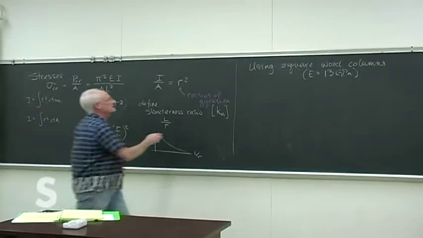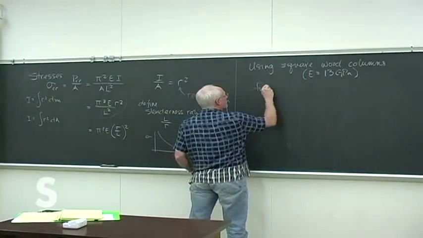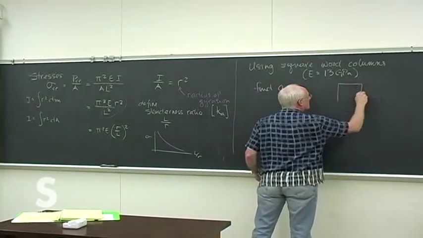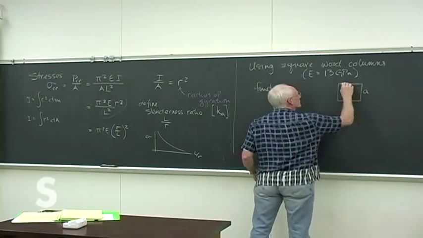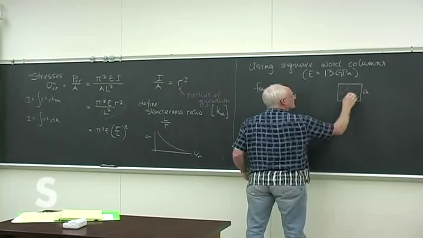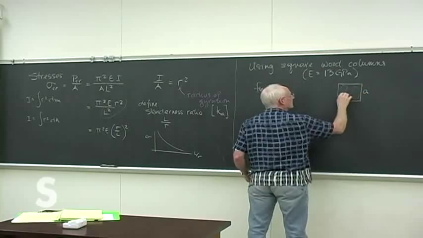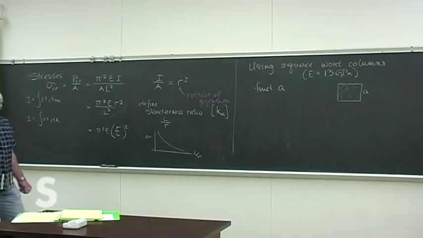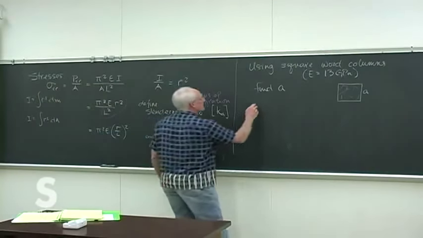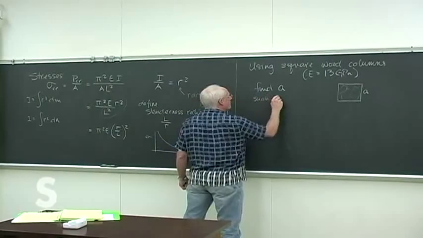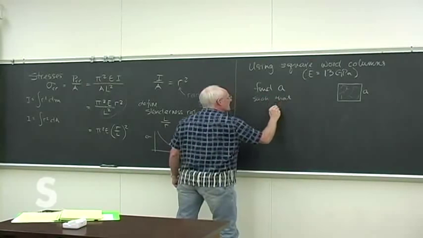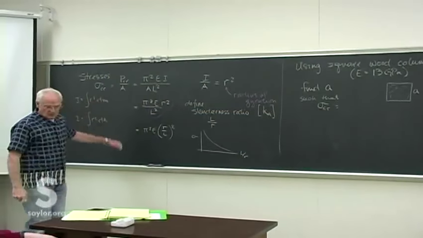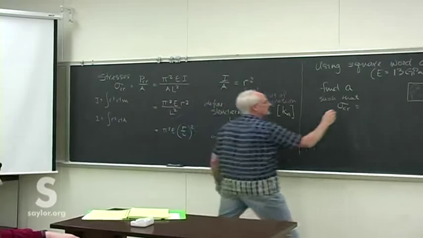And we want to find the dimension A, which is just the length of one side of a wood column, such that we stay under a critical stress, which we get from over here, of 12 megapascals.